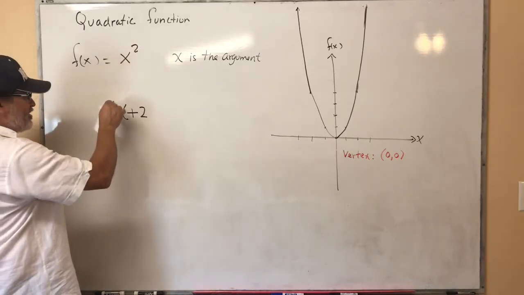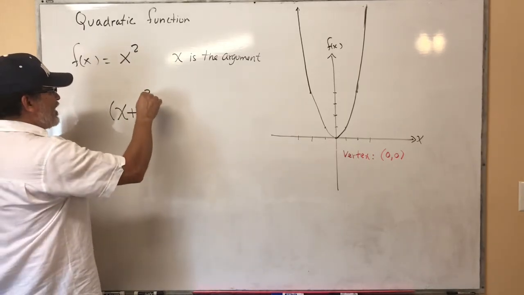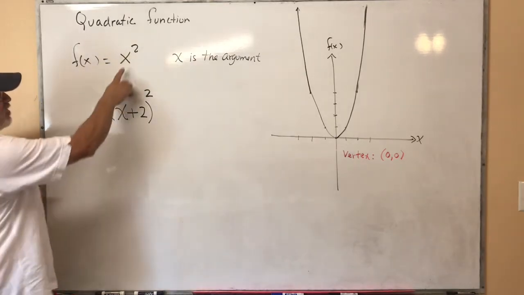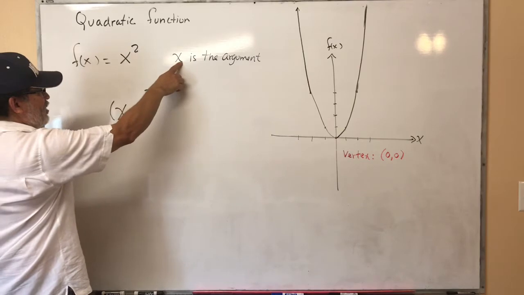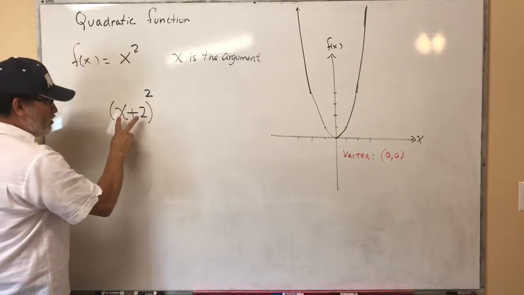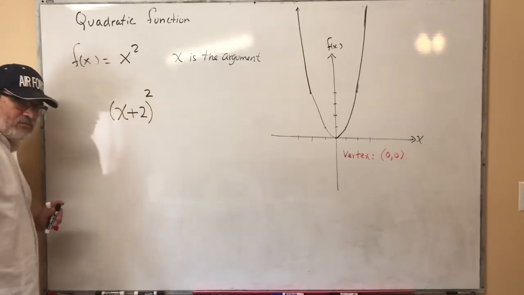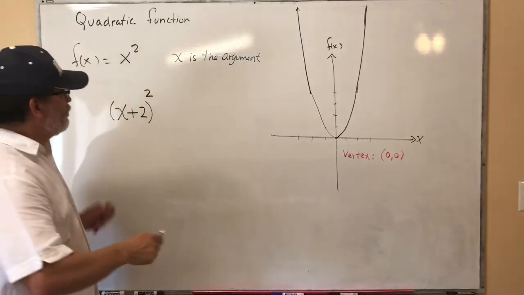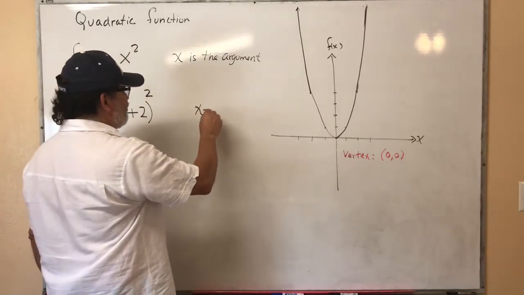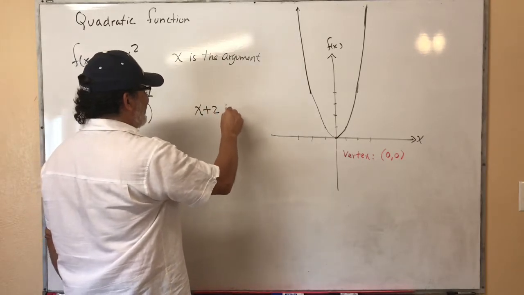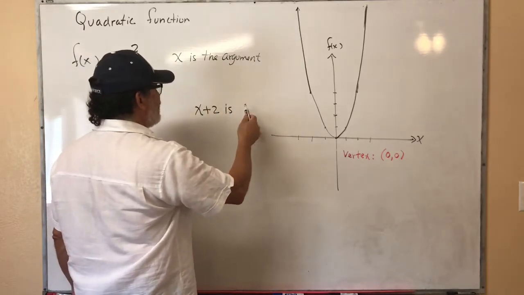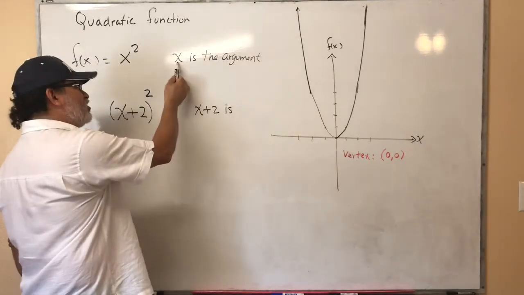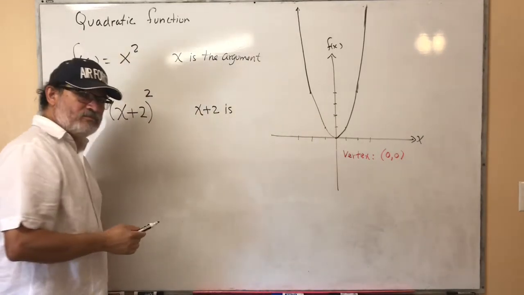And I'm gonna take this new argument and square it. The new argument is being squared.